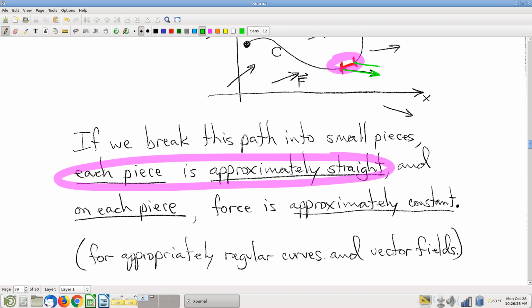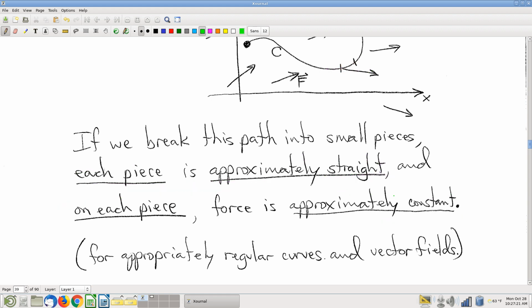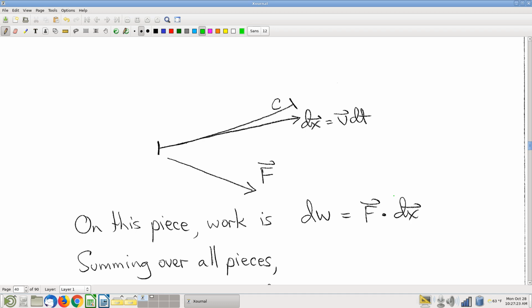It might be ever so slightly different on the other side, but it's approximately constant. So we're assuming that we have a nice curve, nothing weird. There are anomalous, weirdo curves that we're not going to worry about. And likewise, that the vector field is continuous, which is what we need in the vector field. But anyway, here's the setup on each little piece.